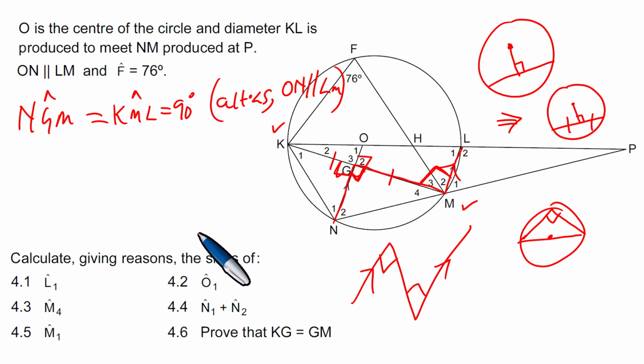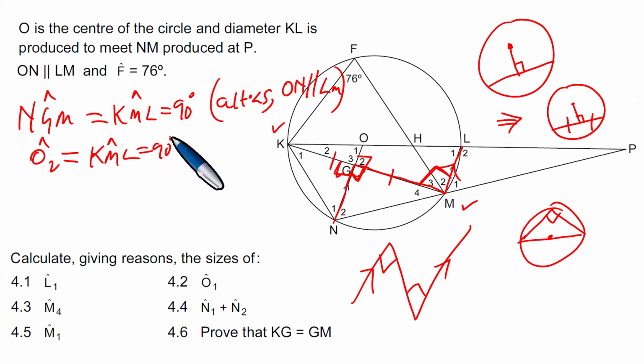Alternatively, one can say that this is 90 degrees, or you can say angle O2 is equal to this angle KML, which is equal to 90 degrees.